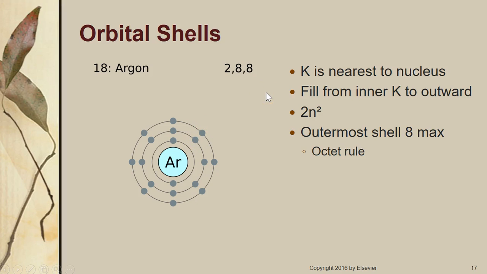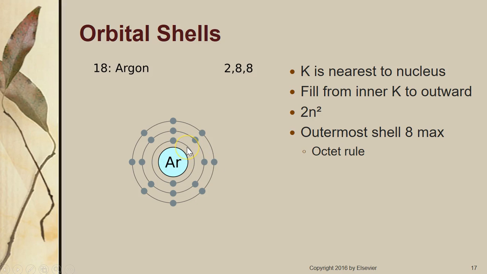The M shell can contain 18 electrons. So we have K, L, M. But if that's the outer shell, you can't put 18 there. Say this was a 20; well, then 2 of them have to go somewhere else. So these are the rules about your orbital shells. K is the closest to the nucleus.